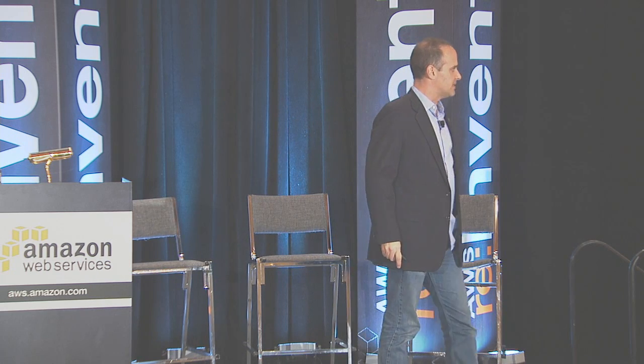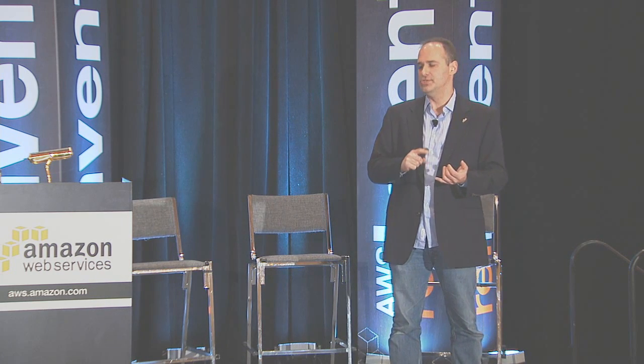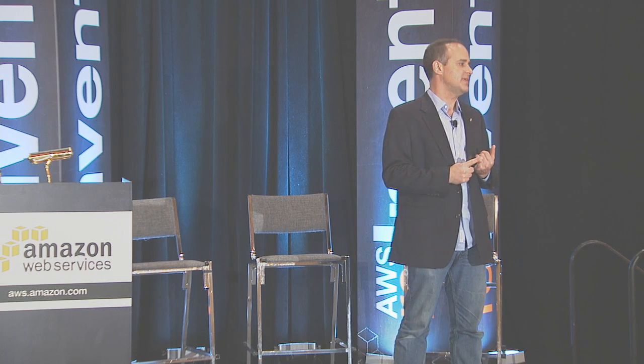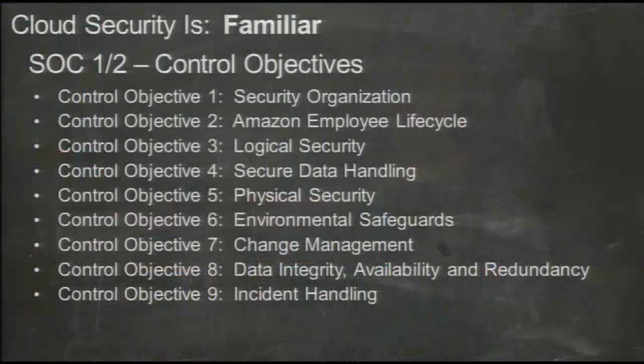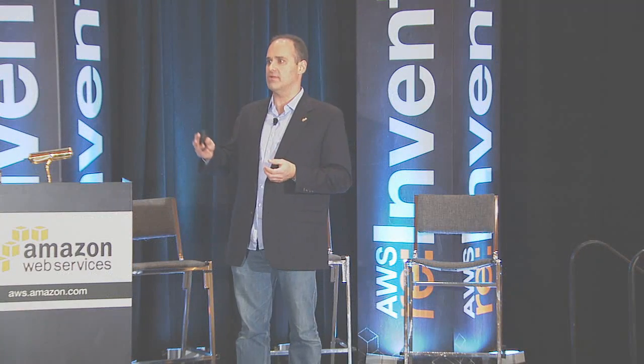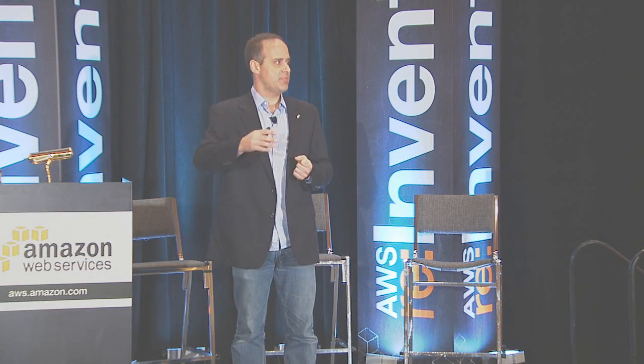Data integrity, availability, and redundancy is all about: do the processes and procedures we have in place to ensure that your data stays intact on our systems work? S3, for example, as you've heard, is 1 trillion objects being stored. And if you listen to Alyssa Henry's talk today, she pointed out that occasionally people talk about the theory of errors and, well, this may happen 1 in a billion times.